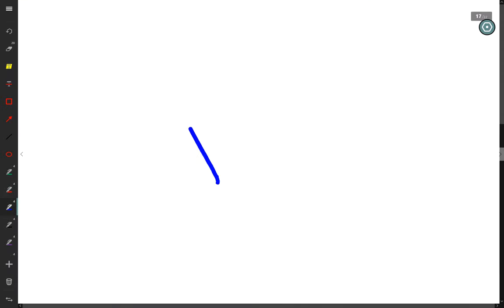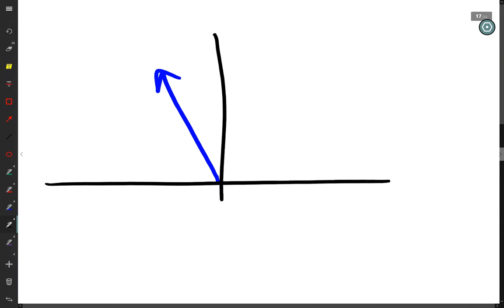So what if I have a vector that goes like this, and I have my x and y directions, so there's x and y, and I ask you to find, oh, and I have to give you an angle. So I give you this angle.